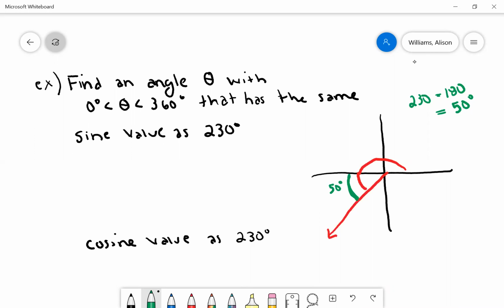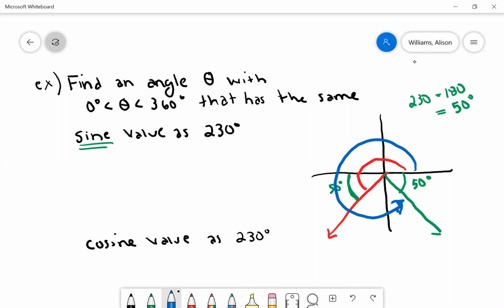So we're talking about the sine value. Because sine is going to be negative in quadrant 3, we want to find the other place where sine is negative. And I just finished saying it, that would be in quadrant 4, because this is where all the y values happen to be negative. So if I come over here into quadrant 4 and look at the same reference angle, 50 degrees, what I'm after is figuring out what this actual total angle is in quadrant 4 from the start of the x-axis all the way around.